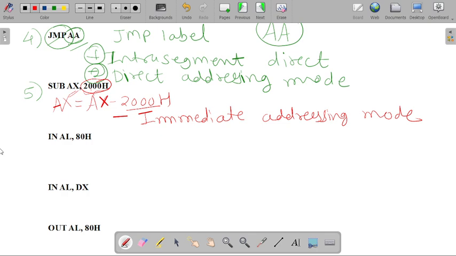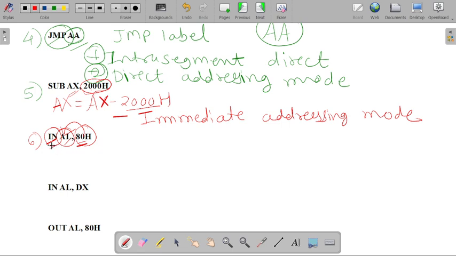Now the sixth example is IN AL, 0AH. Here AL is the register and 0AH is the immediate value. We are loading the value from the 0AH port location into our AL register, and IN is our input output addressing mode.